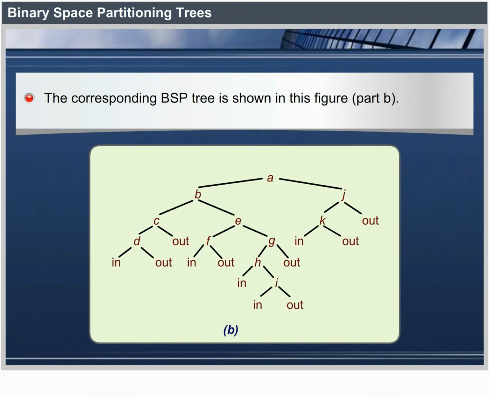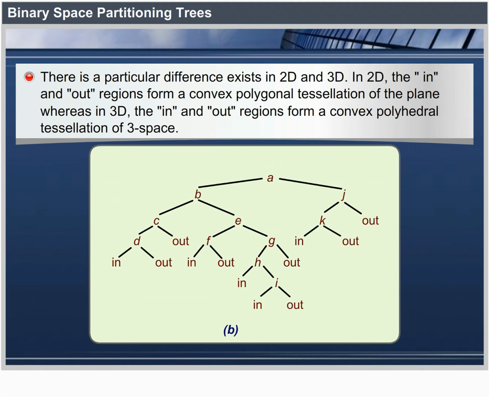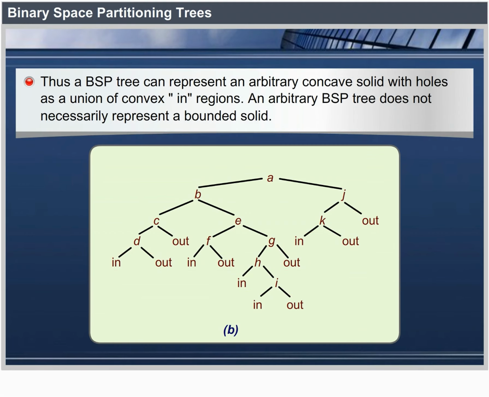The corresponding BSP tree is shown in this figure in part B. In 2D, the in and out regions form a convex polygonal tessellation of the plane. In 3D, the in and out regions form a convex polyhedral tessellation of 3 space. Thus, a BSP tree can represent an arbitrary concave solid with holes as a union of convex in regions.